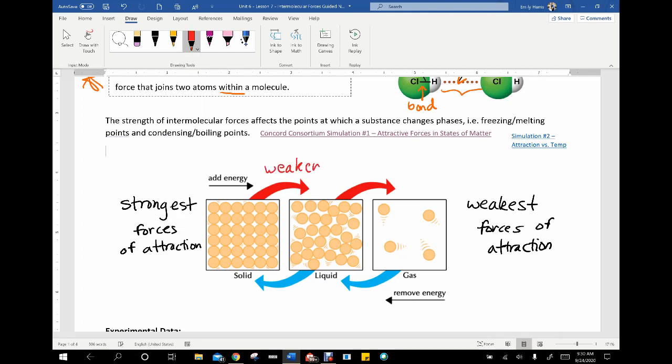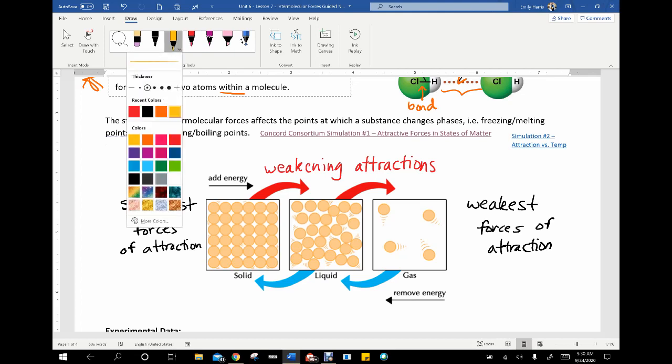As we go from solid to liquid to gas, we are gradually weakening the attractions, and that's what has to be overcome in order to accomplish a phase change. Energy has to be applied, and that energy goes into weakening those intermolecular forces, those attractions between molecules.